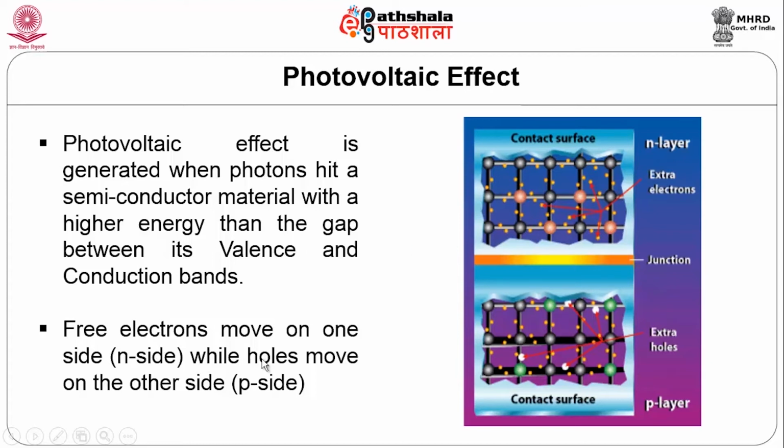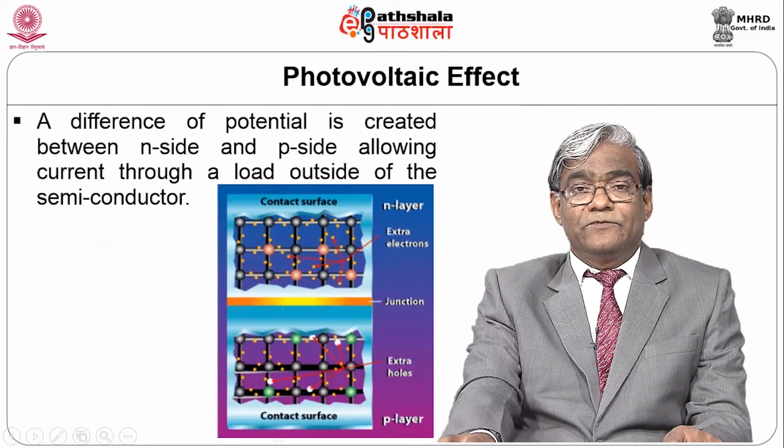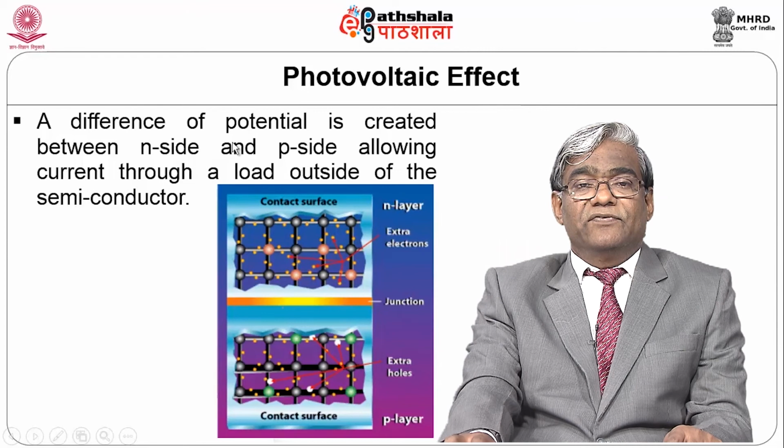The free electrons move on one side, that is the n side, while holes move on the other side, that is the p side. This is about the photovoltaic effect in the solar photovoltaic cell. A difference of potential is created between the n side and p side, allowing current through a load outside of the semiconductor.